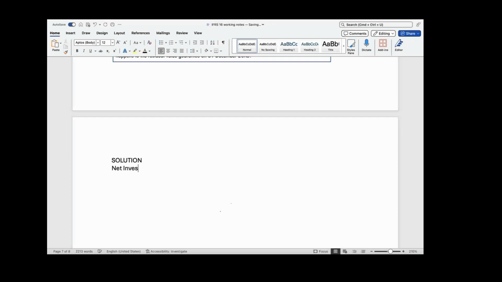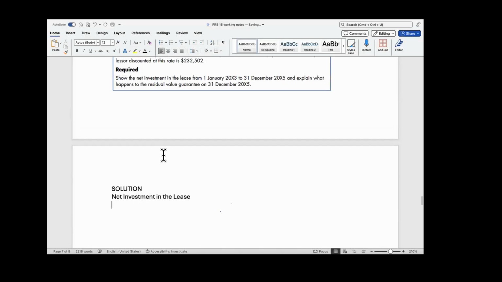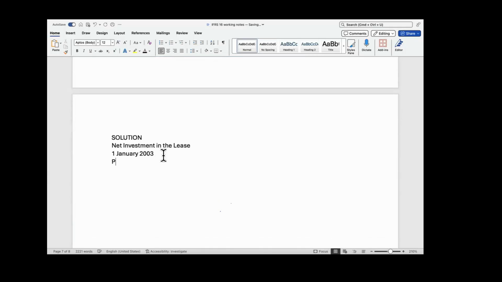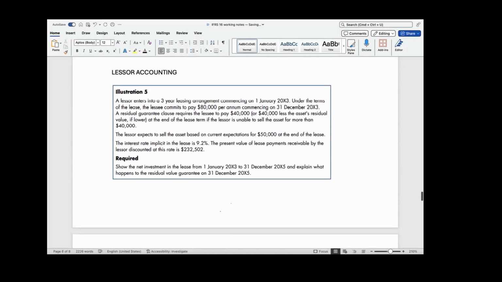So my net investment in the lease, first, on 1st January 2003, which is the inception of the lease, I'll determine the PV of unpaid lease rentals, which the question gave us as how much? 232,502.